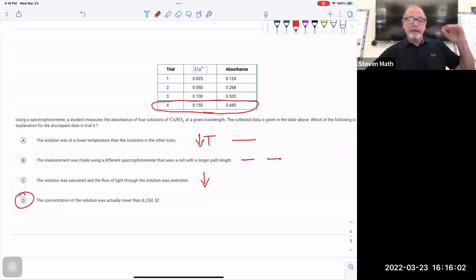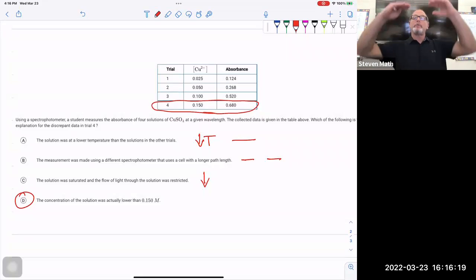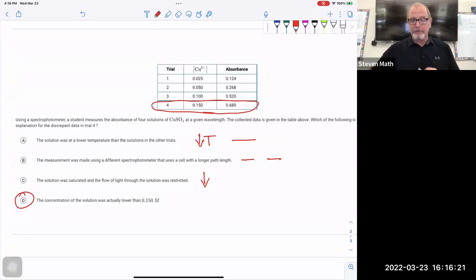Beer-Lambert law: absorbance is directly proportional to concentration, and what causes absorbance values to be too low is dilution, and causing them to be too high would be having too high of a concentration of stock. And so what we find is it's just a tool for measuring the absorption of light.